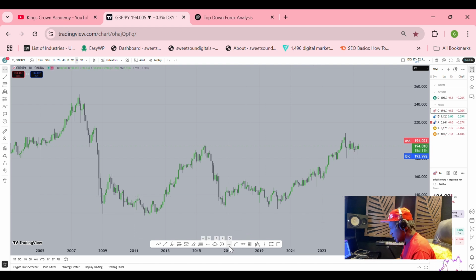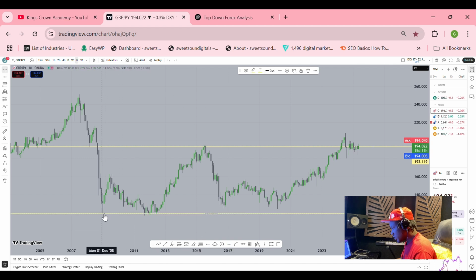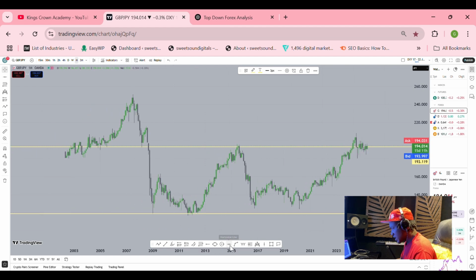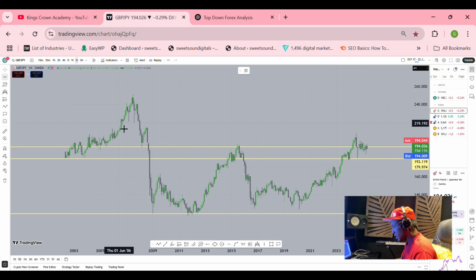I have this zone here. I have this zone here. I have this other zone here. Remember, this is monthly. And I have a zone somewhere here.